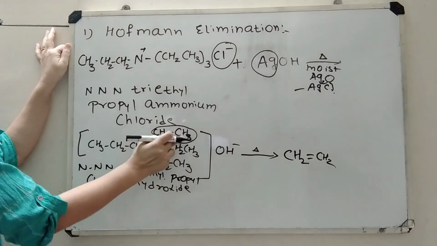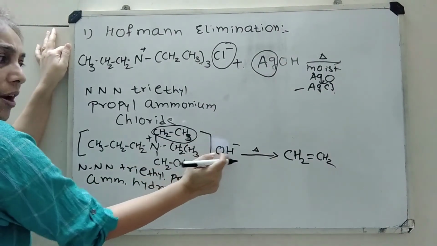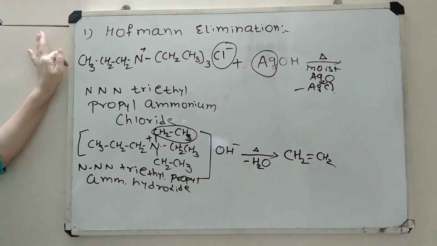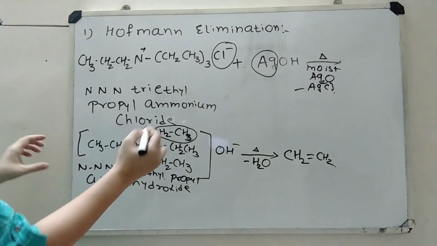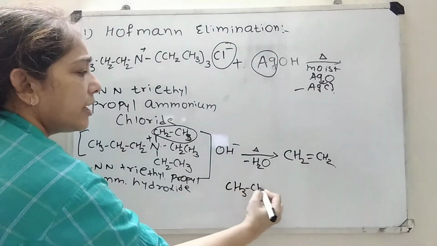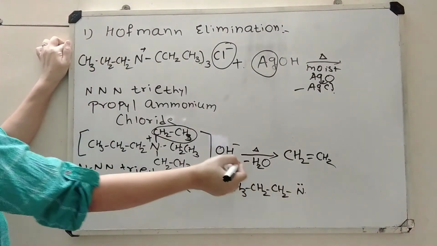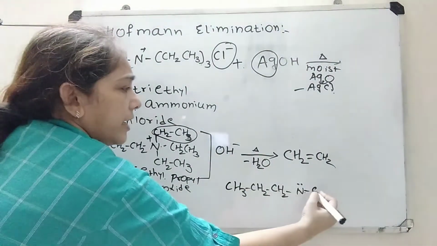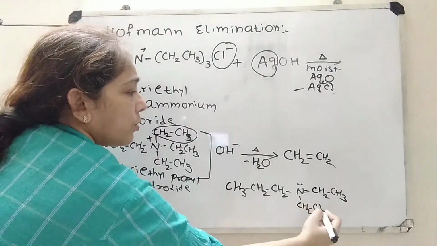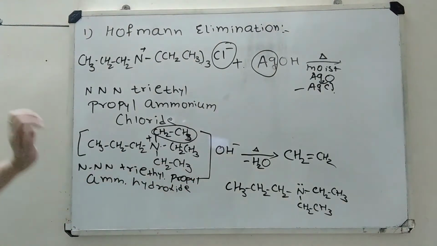One hydrogen given out from this CH3 makes it CH2, and one hydrogen combines with this OH to form a water molecule, H2O. And whatever is left, we join: CH3, CH2, CH2, N, with 2 lone pair of electrons shown, and CH2, CH3, CH2, CH3.